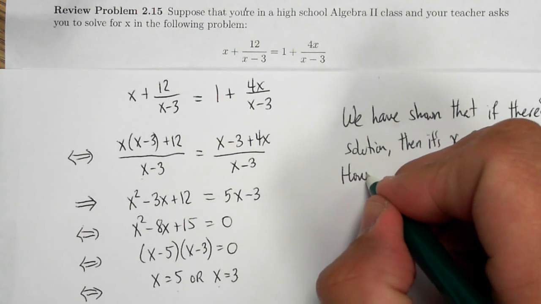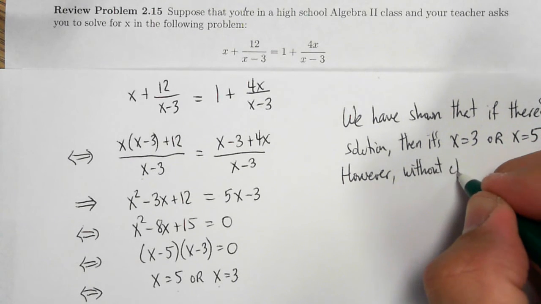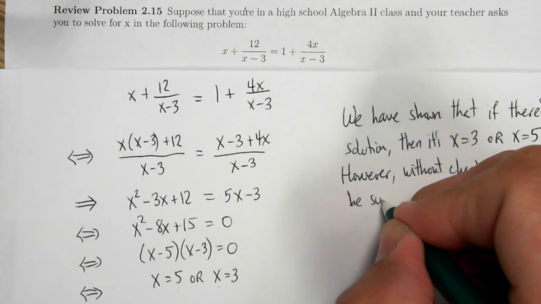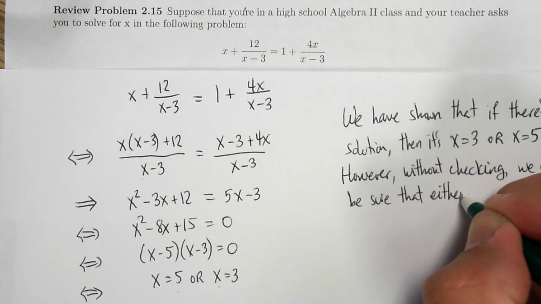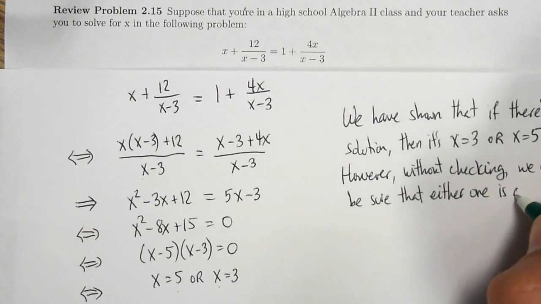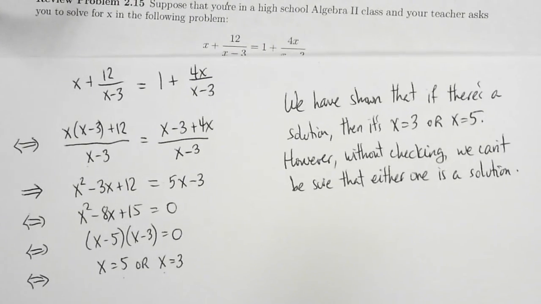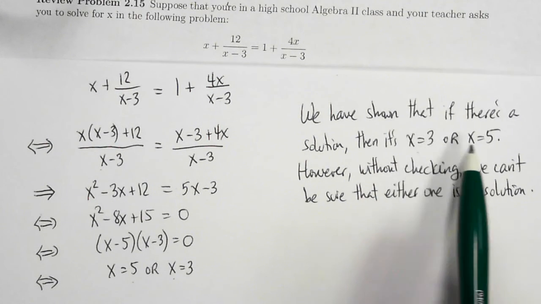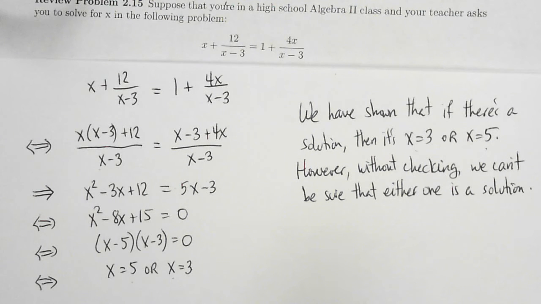However, without checking, we can't be sure that either one is a solution. So if there's an answer, it's x equals 3 or x equals 5. That's different than saying that x equals 3 and x equals 5 are answers.